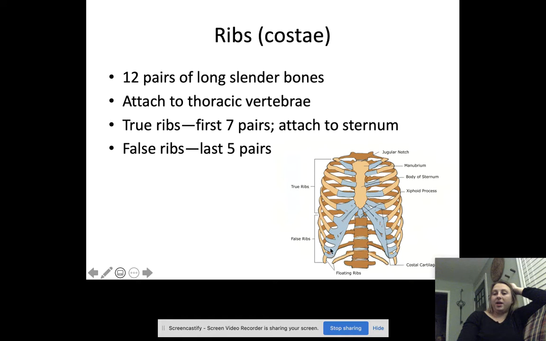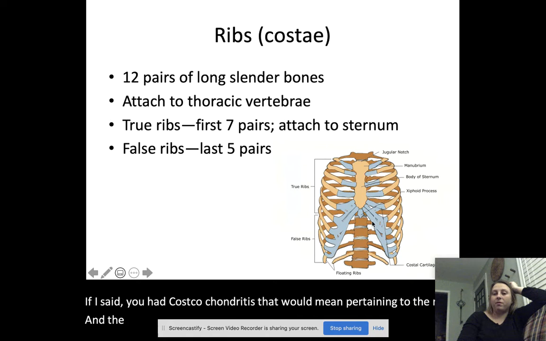And then last but not least, our ribs. This is the other part of our axial skeleton. Okay, it's 12 pairs of bones. Now we call them costa. Like if I said you had costal chondritis, that would mean pertaining to the ribs and the cartilage having inflammation.